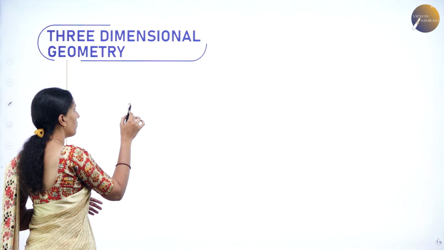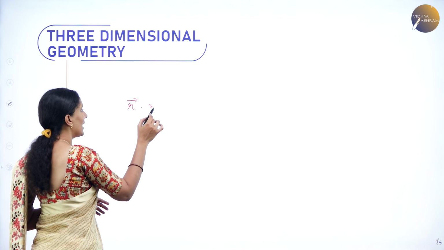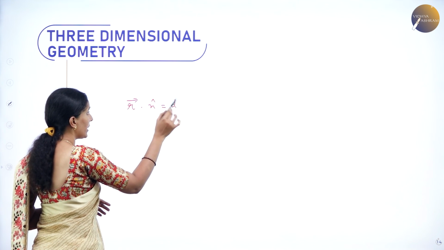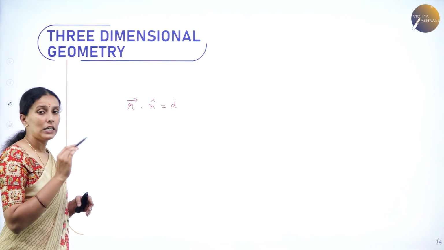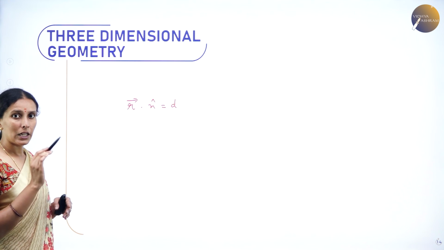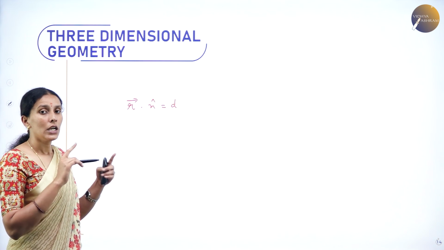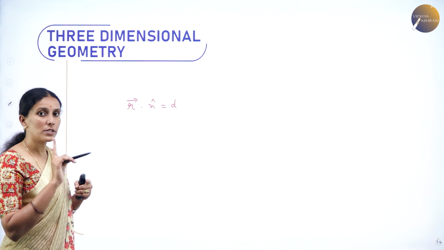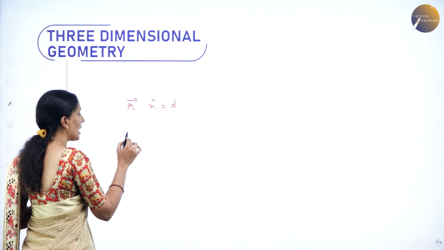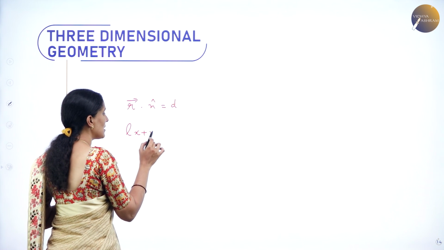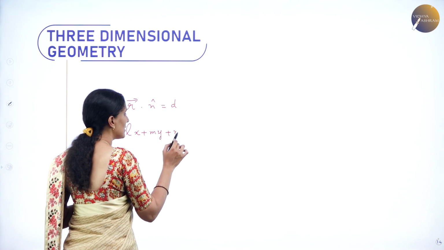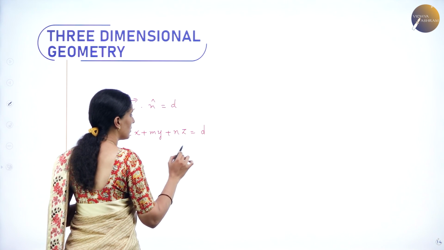In vector form, we write it as r dot n cap is equal to d, where d is the length of the perpendicular to the plane, and n cap is the unit vector in the direction of the normal, which is perpendicular to the plane. The Cartesian form is lx plus my plus nz is equal to d.